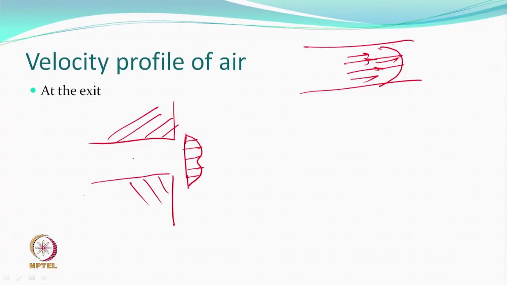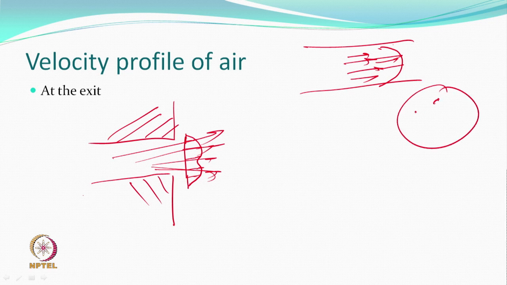Why is it a good thing? Because now filaments will be moving out based on their position in the jet, whether they are here, here, here, or any other way. Based on their position, they will be moving out at different velocities.